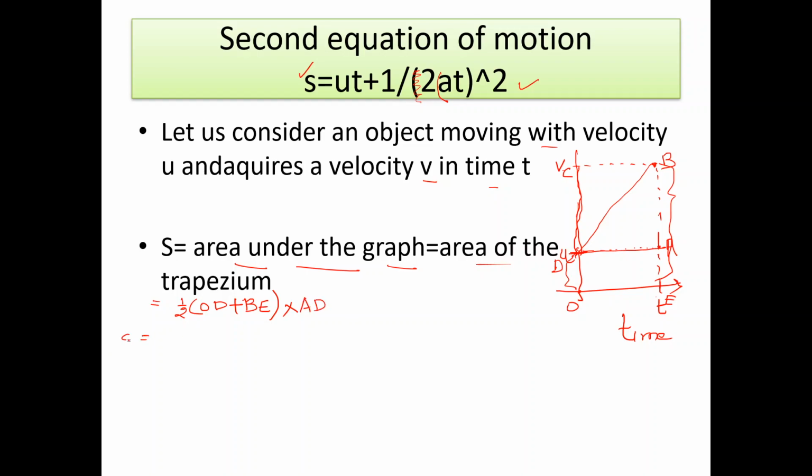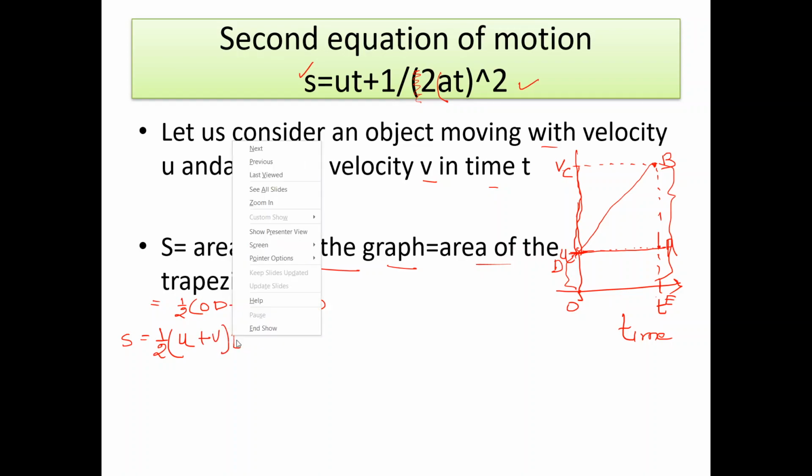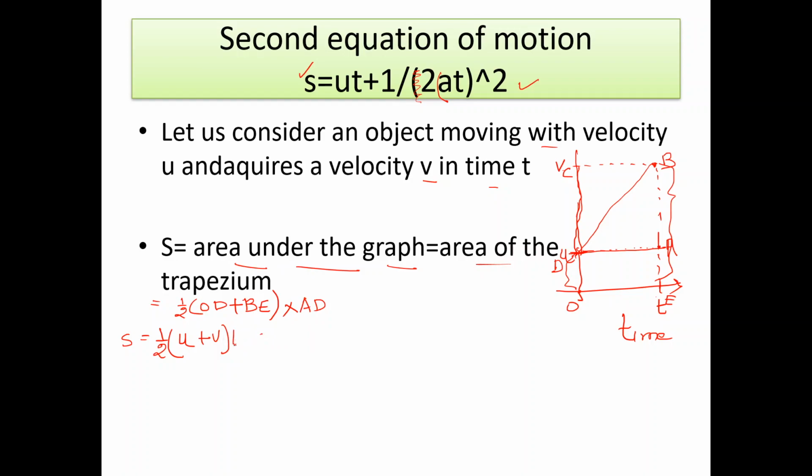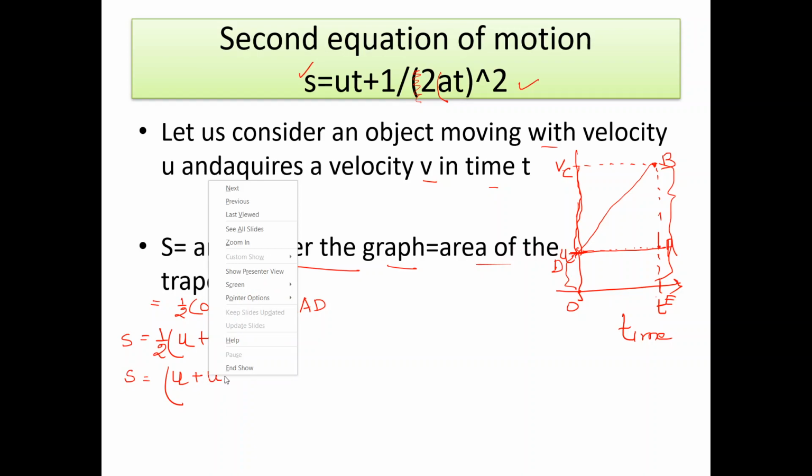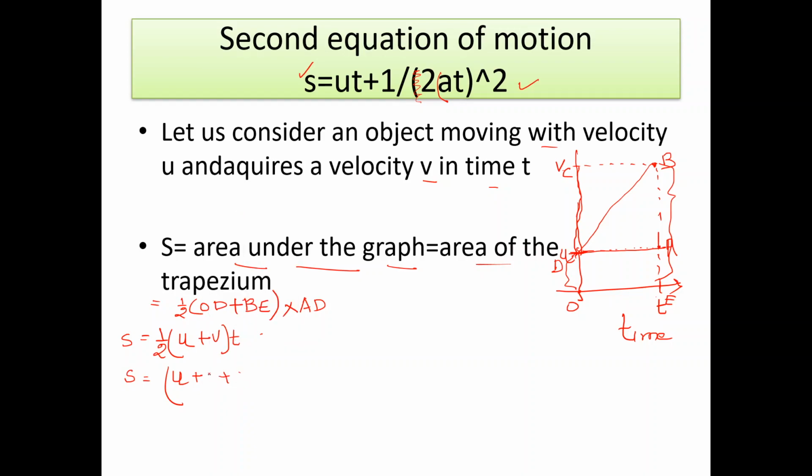So you get S is equal to half, OD is equal to u, plus what is BE? BE is v, into AD, which is equal to t. On simplification, you will get u plus v. v can be written as u plus at because we don't need v here.